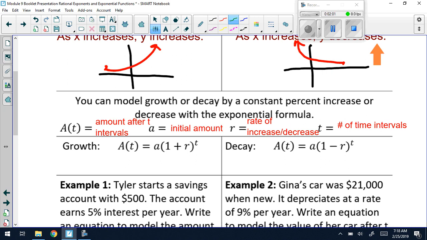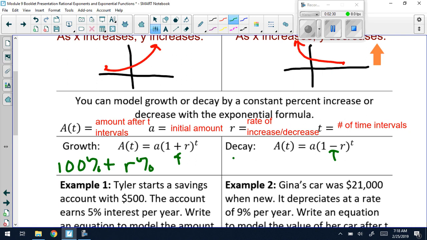So notice your difference between your two formulas is right there in the 1 plus or the 1 minus. For growth, you're going to add. For decay, you're going to subtract. And what that's coming from is 100% plus our rate of increase, but we're changing it over to a decimal. So it's, move your decimal 2 places to the left, it's 1, that's the 100%, plus your rate of change.